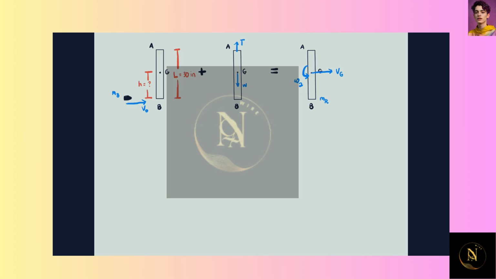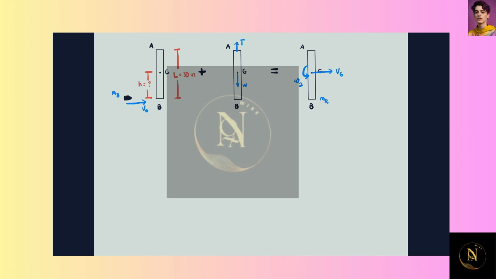By the way, in the second part of the diagram, you can see the forces acting on the rod, such as the upward tension T and the weight of the rod W. Before we proceed with writing our equations, let's first convert some values and do initial calculations. Let's convert the length of the rod from inches to feet.